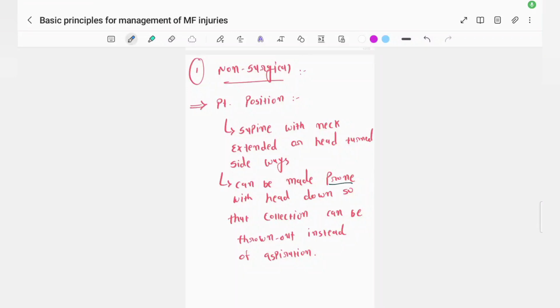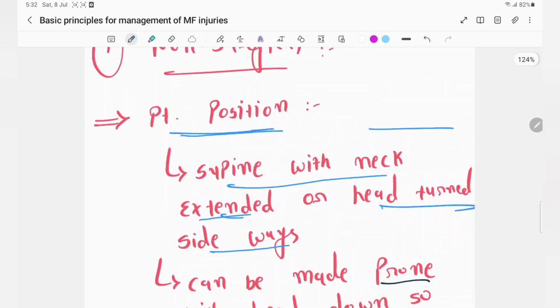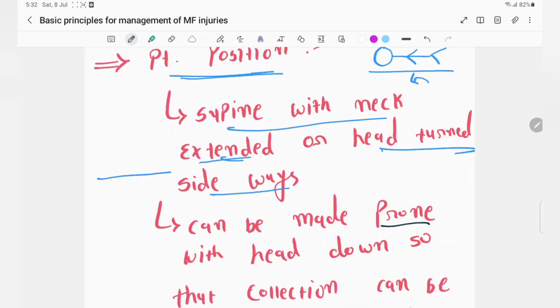So non-surgical, the first thing is patient positioning. So position the patient in a way that does not cause obstruction. For example, place the patient in a supine position with neck extended or head turned sideways. Suppose this is a bed and you have to position a patient in a supine position with the neck extended, or you can position the patient sideways.